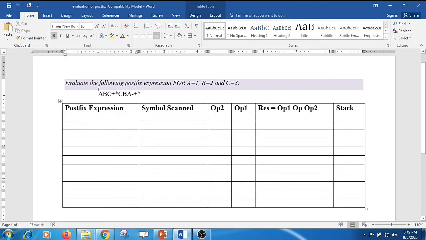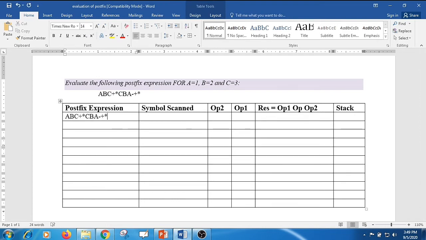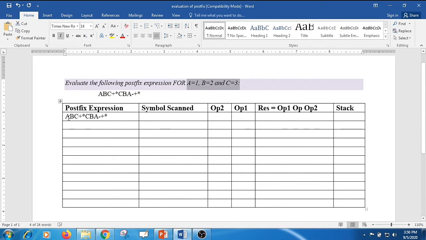Since I want to evaluate the expression, I cannot go with the characters, I need values for them. So the values are given as A equal to 1, B equal to 2, C equal to 3.